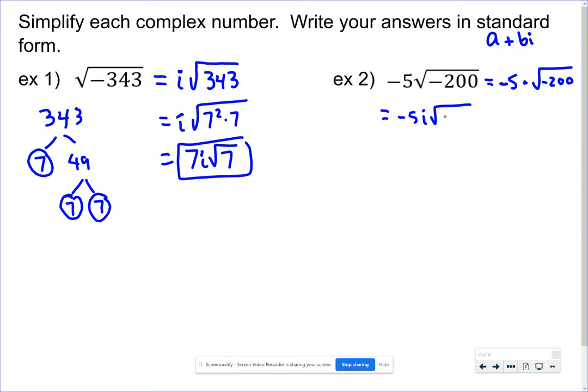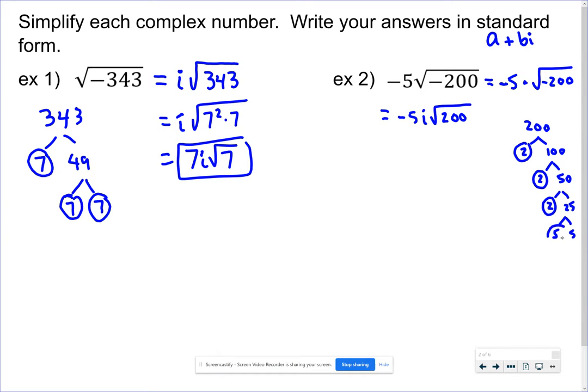So I have negative 5 times i times the square root of 200. And we're going to take that 200 and break it down. 2 is a prime. That branch isn't going any further. 100 is 2 times 50. 2 is a prime. 50 is 2 times 25. And 25 is 5 times 5.